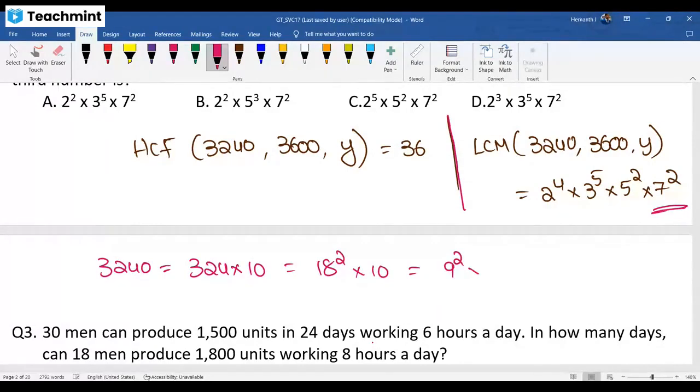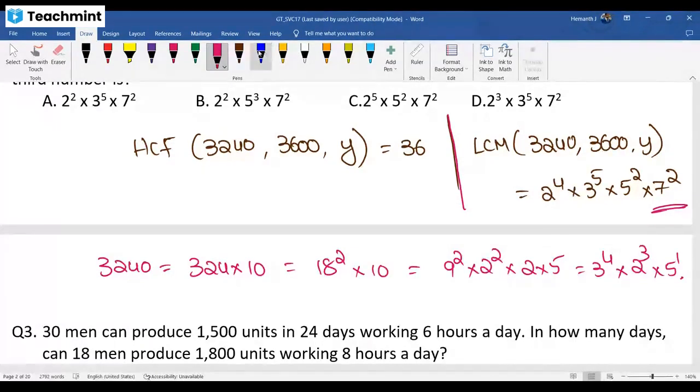So 9 square into 2 square into 10, which can be written as 2 into 5. 9 square is 3 power 4, so we get 3 power 4 into 2 cube into 5 power 1.